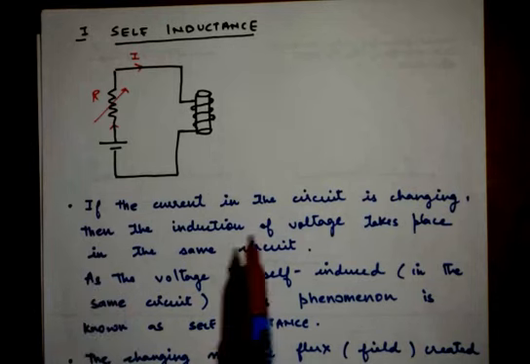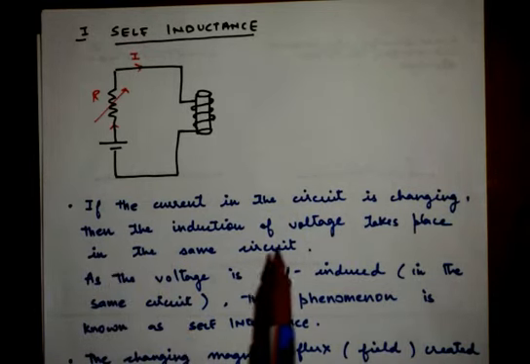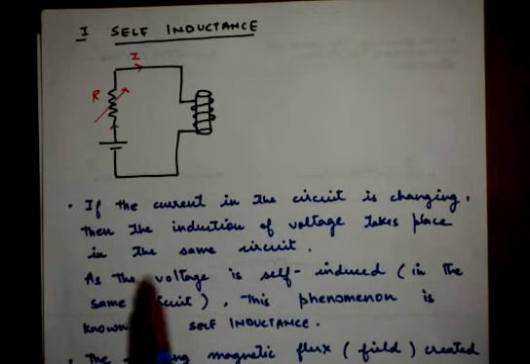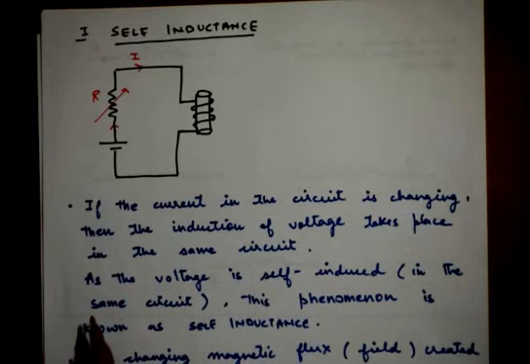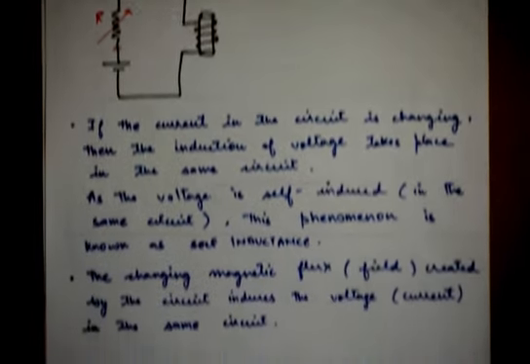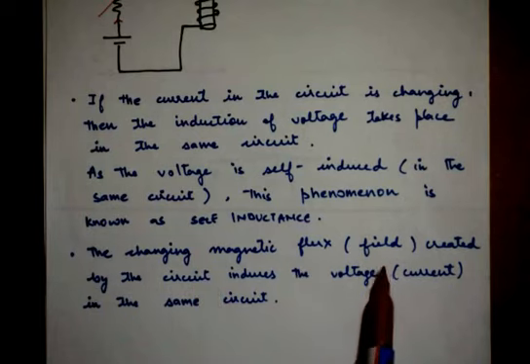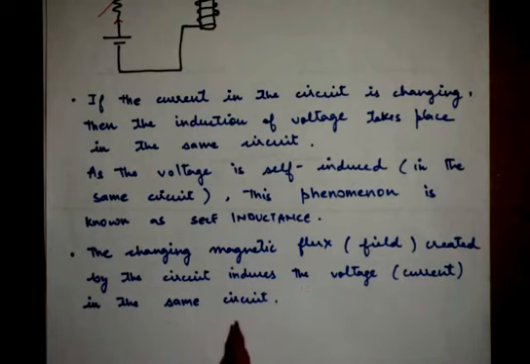If the current in the circuit is changing, then the induction of voltage takes place in the same circuit. As the voltage is self-induced, or in the same circuit, this phenomenon is known as self-inductance. The changing magnetic flux or field created by the circuit induces the voltage or current in the same circuit.